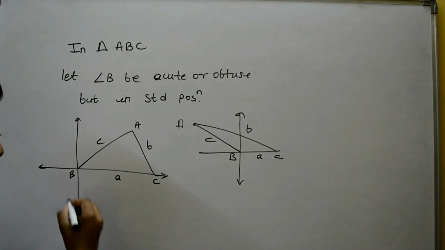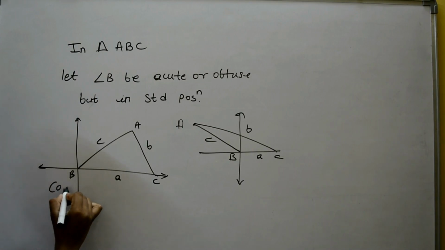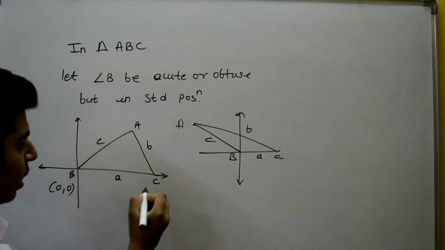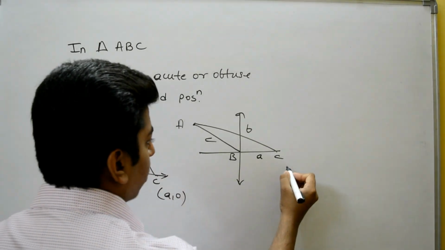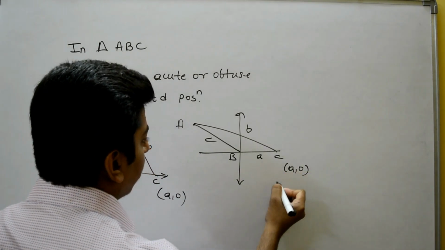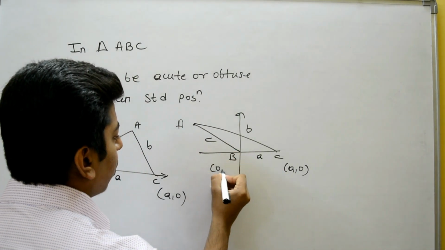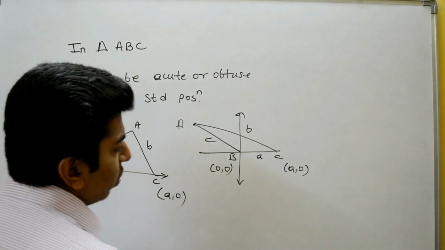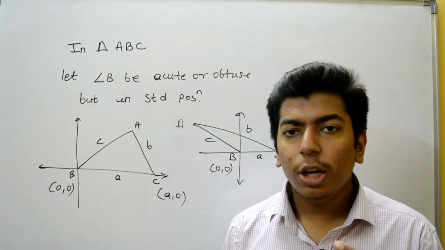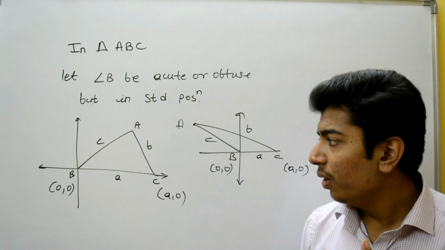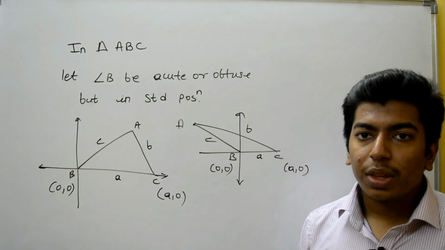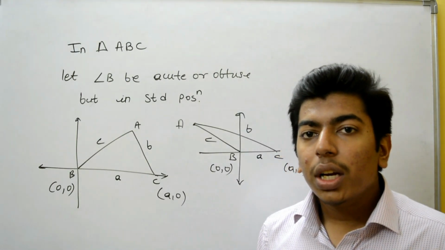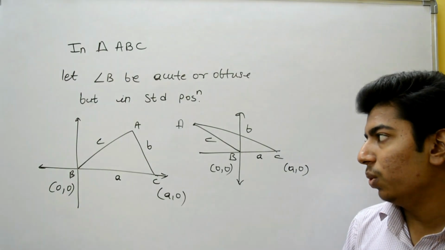So here clearly B is the origin. B coordinates are 0, 0. C coordinates are a, 0. So now what will be the coordinate for A? The coordinate for A will be as per the Cartesian coordinate rule.